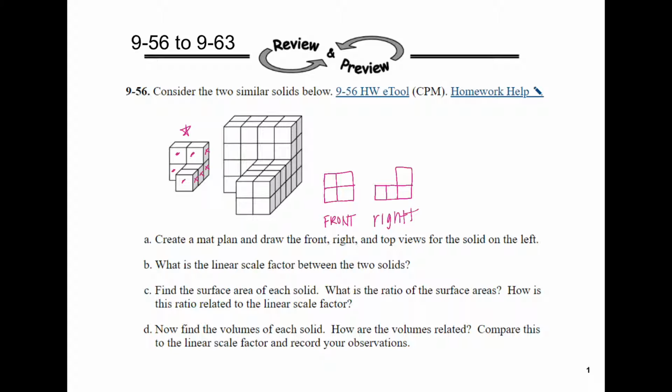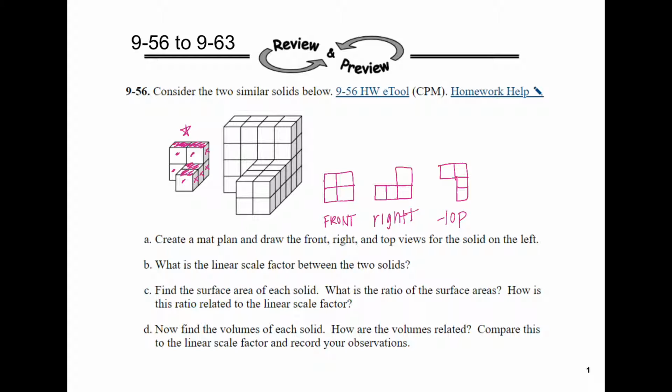And when we draw our top view, we have 2 in the back and 2 right here. So we have a map plan that looks like this.